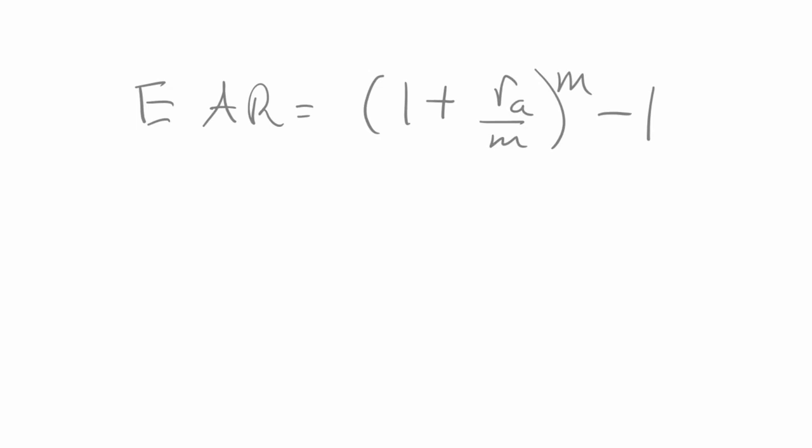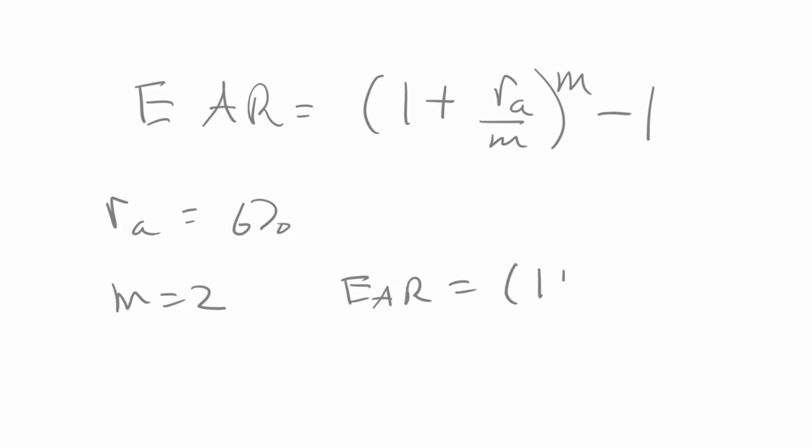So, for example, if RA is 6%, if M equals 2, the EAR is 1 plus 0.03 squared minus 1, or 6.09%.